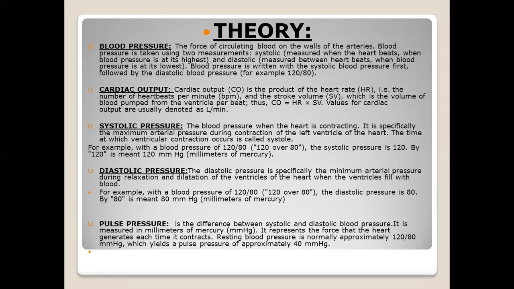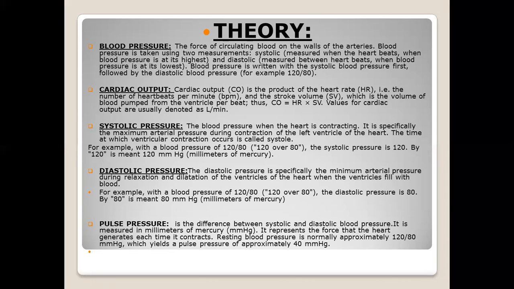The contraction pressure is known as systolic pressure, and when the heart is in a relaxed state, it is known as the diastolic pressure. So the systolic pressure is 120, while the diastolic pressure is 80 millimeters of mercury.